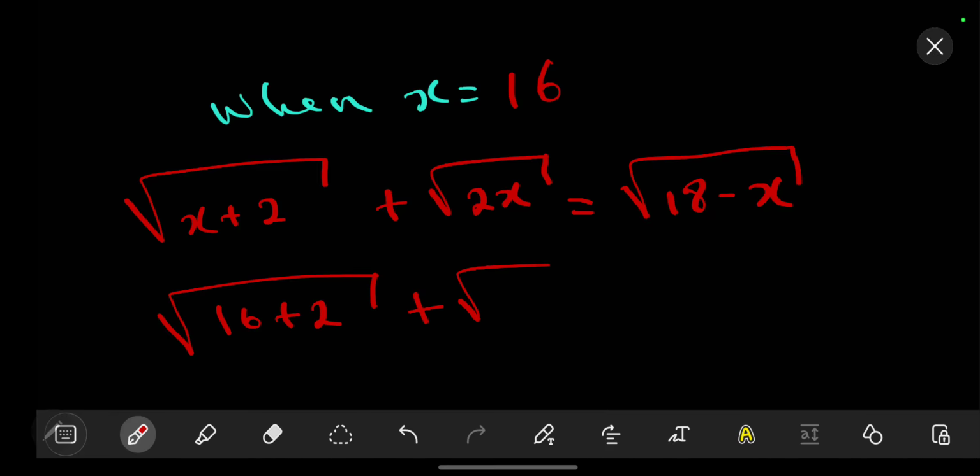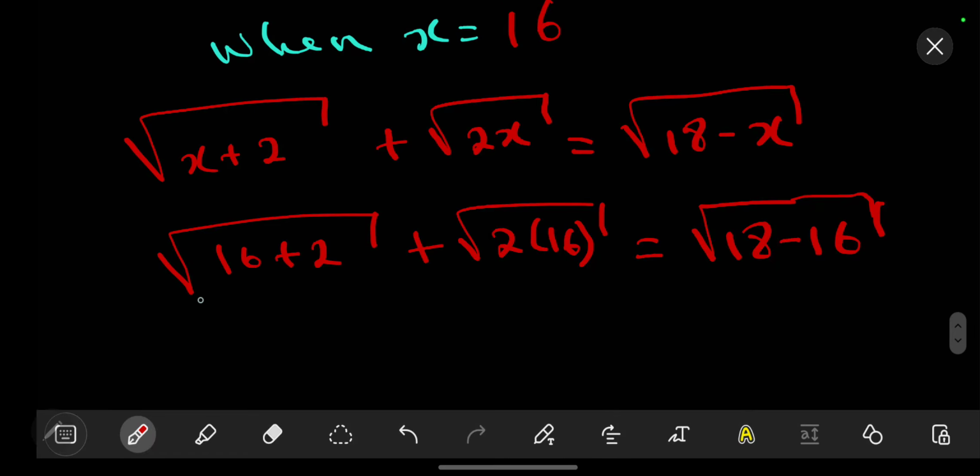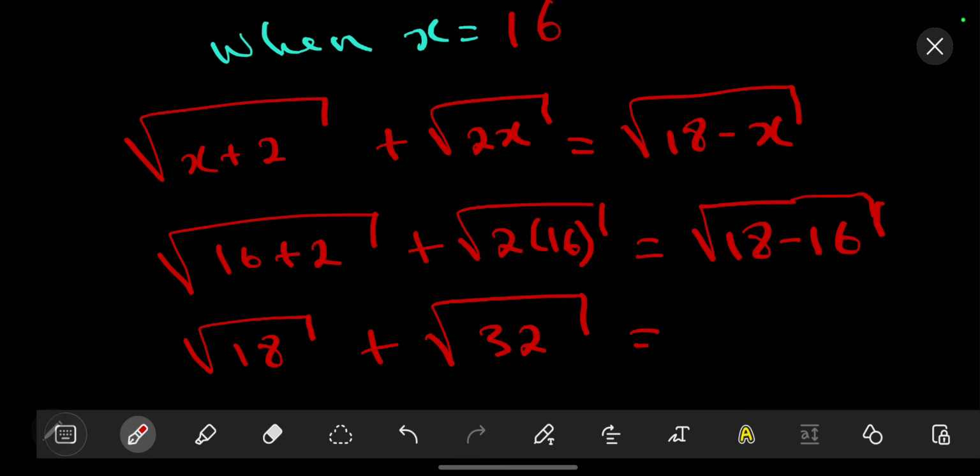Then we have plus the square root of 2, where there is x, we put 16, which should be equal to the square root of 18 minus x, where x is equal to 16, like that. So we have the square root of 18, then we have plus the square root of 2 times 16 gives us a 32, like that, which should be equal to 18 minus 16 gives us the square root of 2.